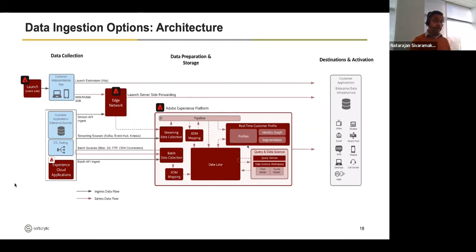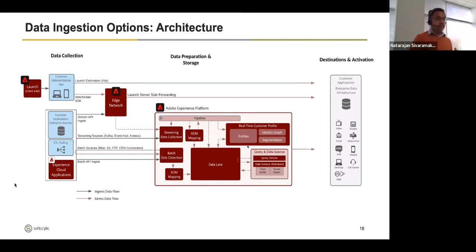Then you can use the SDK and start pushing in the data. This edge network in turn will push the data into a Kafka pipeline, and it can push the data into the data lake, or it can also push it directly into the real-time customer profile to have that data available more immediately. If you're pushing it into the real-time customer profile, we need to ensure that the data coming in conforms to the XDM schema, otherwise the ingestion process will fail.